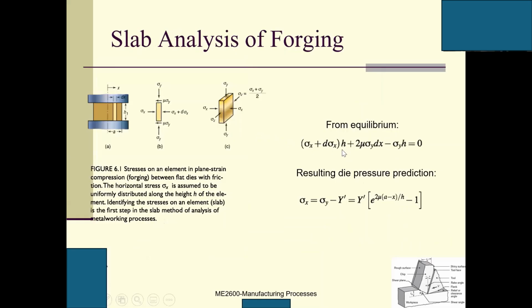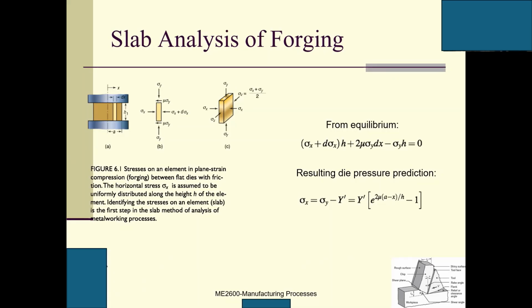So then we do some calculation, slab analysis. This is of volume. If we look at this, this is a part. This is the upper die, this is the lower die, and this is the workpiece, okay? Suppose this is x, and this is dx, an infinitesimally small dx.